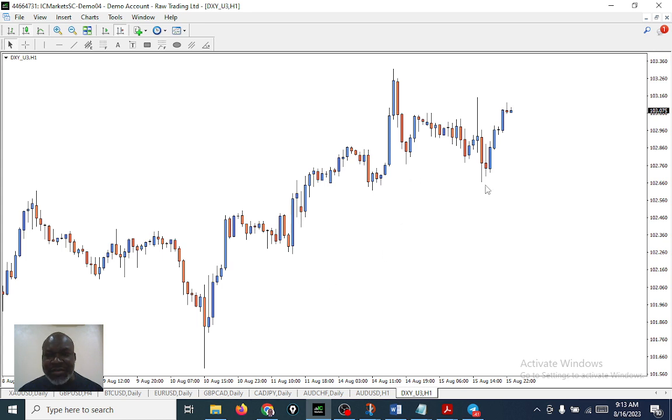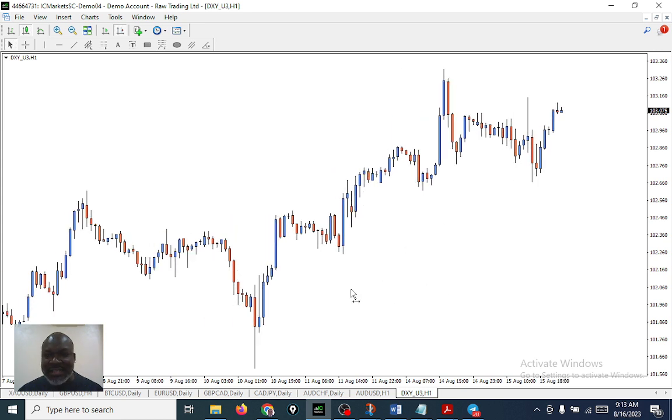Okay, so overall you see that this dollar index is in an uptrend, okay? What that tells me is that the dollar has been strong, far and above the benchmark currencies, okay?